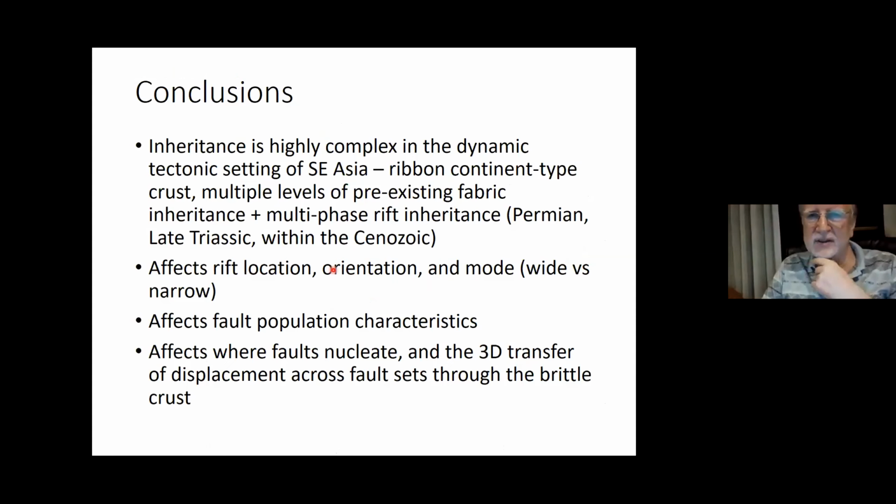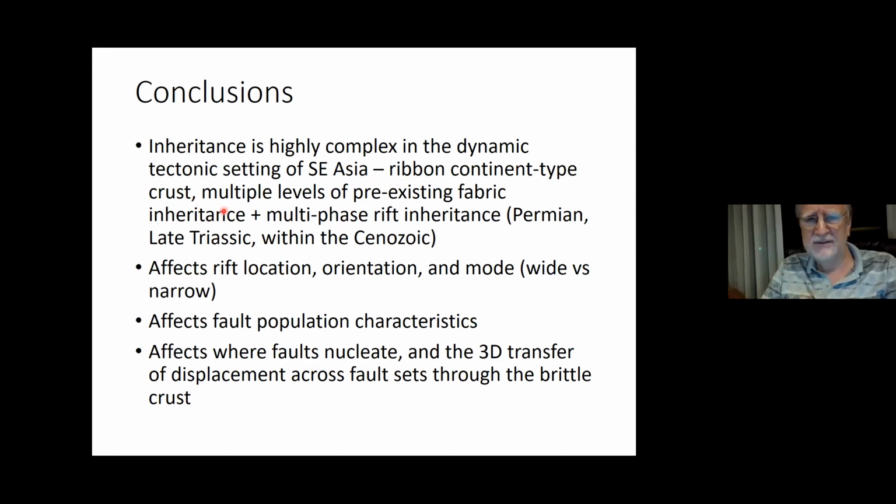So in conclusion, inheritance is highly complex in this dynamic tectonic setting in Southeast Asia. We're looking at ribbon continents, which give a different kind of fabric and inheritance style to larger continental blocks.